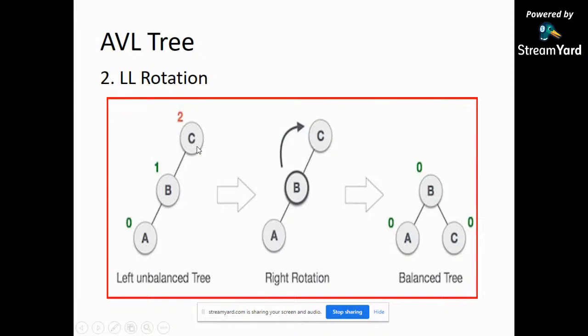So we have to balance this. Now for balancing this, again we have to perform rotation. This rotation is in clockwise direction. So again, B will become the root node, C will be at the right of it, and A will be at the left of it. And now if you calculate the balance factors, you will see they are 0, 0, 0, which is allowed. So your tree is balanced.